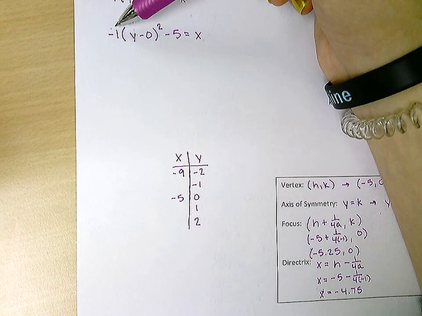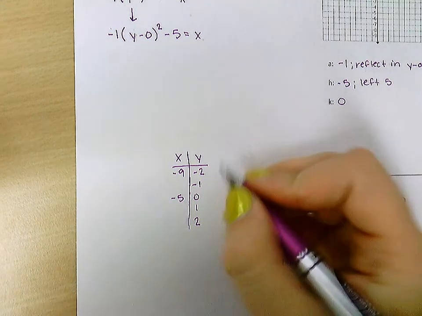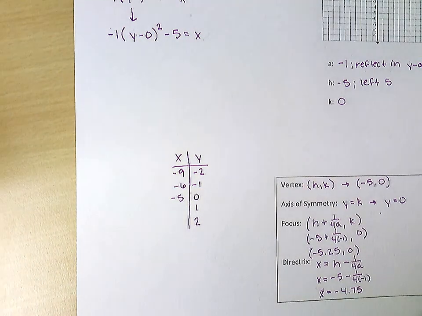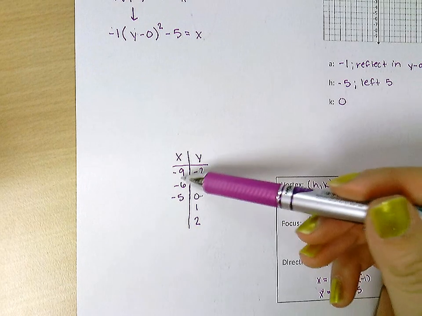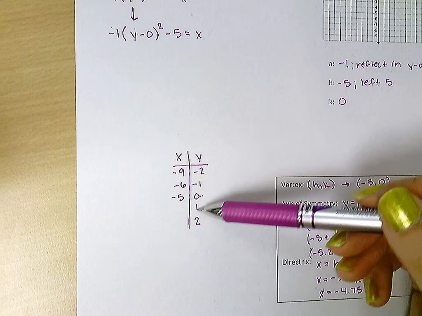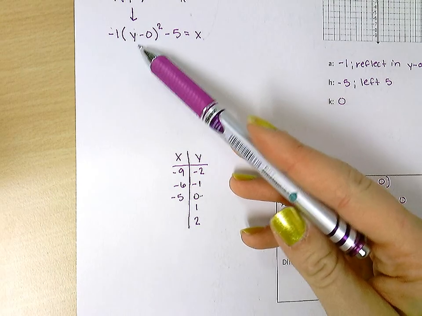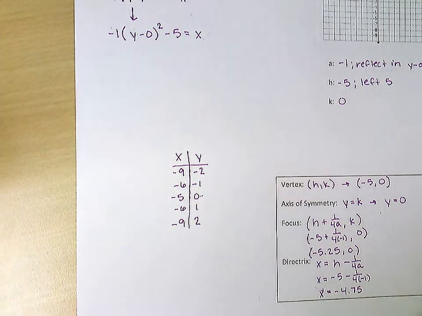Times -1 makes it negative. So -1 minus 5 is -6. And again, since I surrounded that vertex, your other two numbers should be reflected over that. So if I plug in 1, I should have -6, and 2, I should get -9.